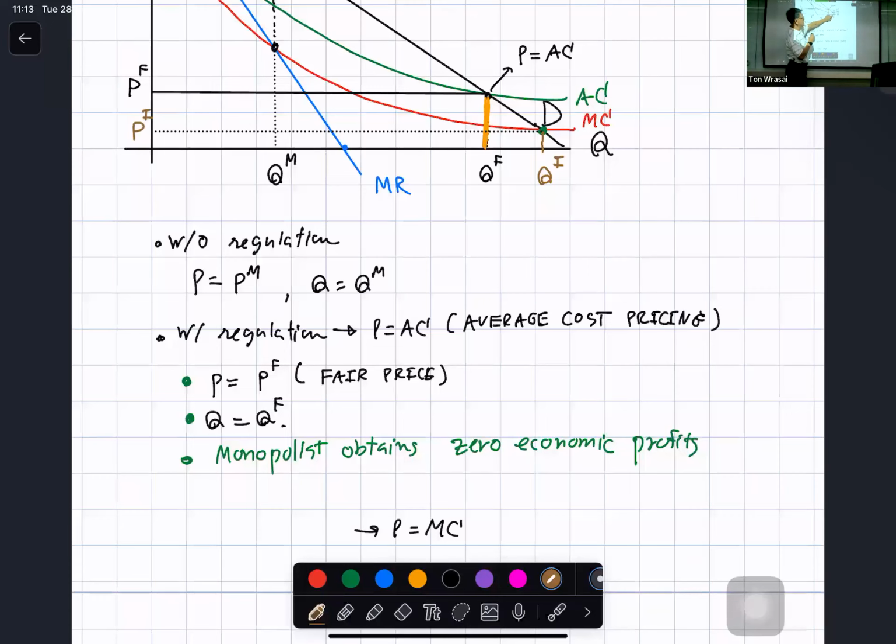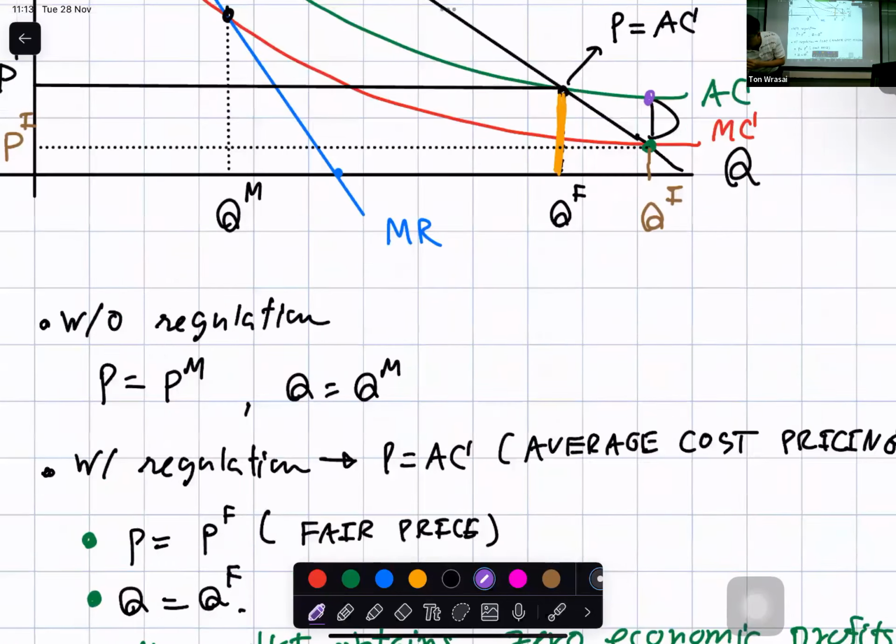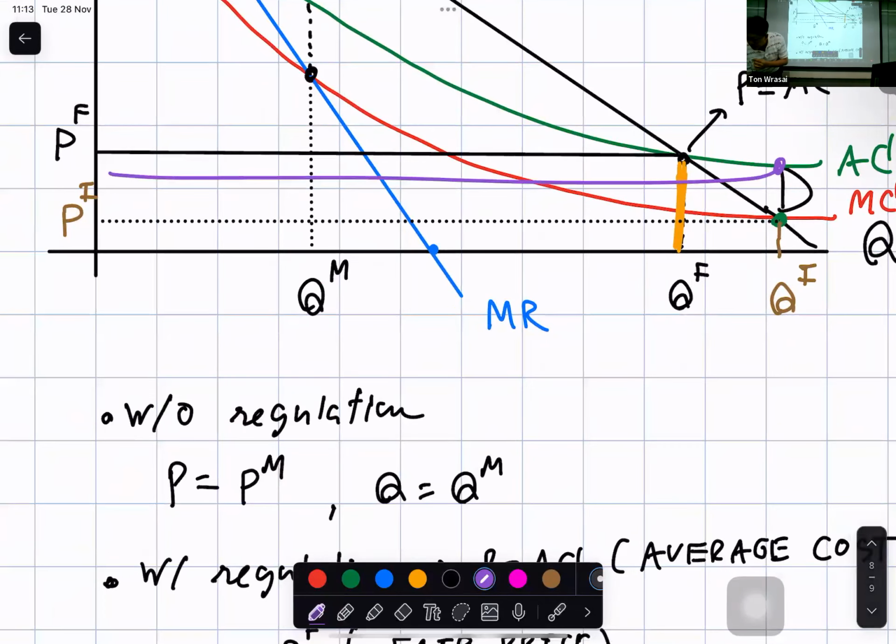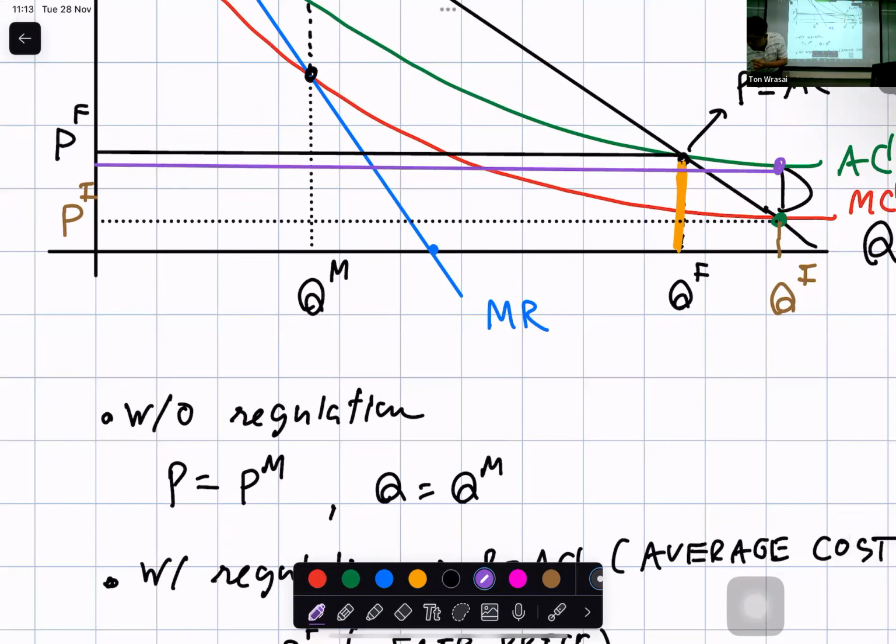Monopolists would say that I will say goodbye. Because when he produced at QI, we check the price that he received, only PI, this short. But the cost per unit, it's going up to hit this. Cost per unit is this.